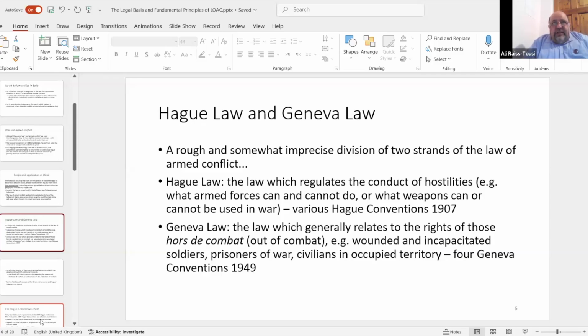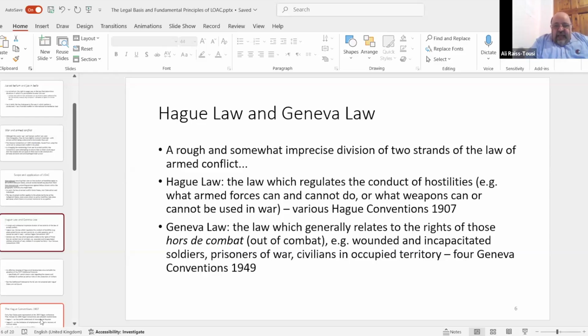Soldiers on the battlefield who have been injured and wounded, they can no longer bear arms, they cannot pick up their weapon, they need a degree of protections. Prisoners of war, they are no longer in combat. They are not fighting. They've been taken by the enemy. They have certain rights. Geneva law deals with the rights of prisoners of war.